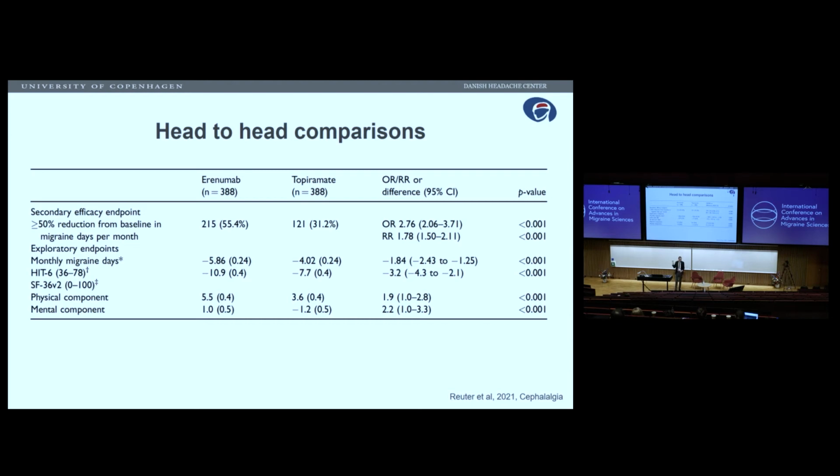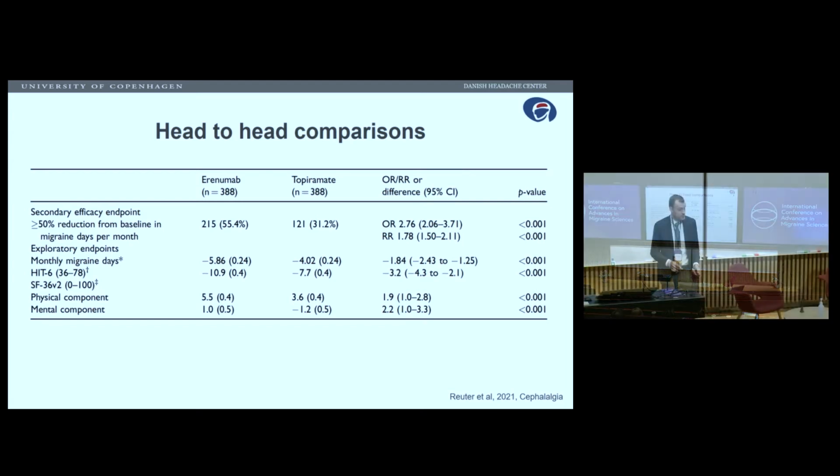So even though this is an interesting study and it's very nice to see some head-to-head comparisons, I might consider, what if you compared it to candesartan instead? What would happen then? Would you have as big a dropout rate from candesartan as from topiramate? Or would they be more equal to some of the antibodies? But that's for the future to see.